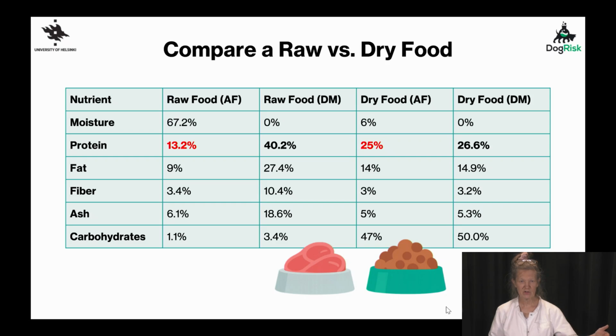You can see the moisture level is very big in the raw food as fed, but we've changed it with the formula into a dry matter basis, and we've done the same with the dry food. Because the moisture level is so very small in the dry foods, you can see that the percentages don't really change. Like the protein changes from 25 to 26.6%. Whereas in the raw food that has a big component of water, the percentage changes from 13.2 to 40.2.